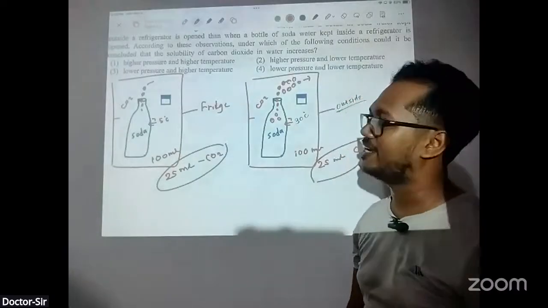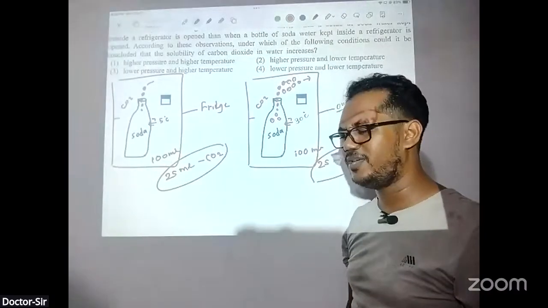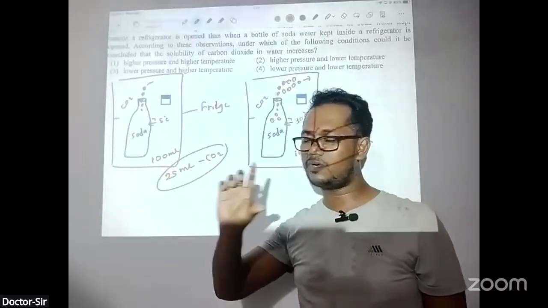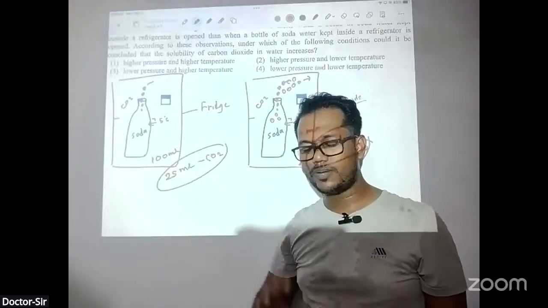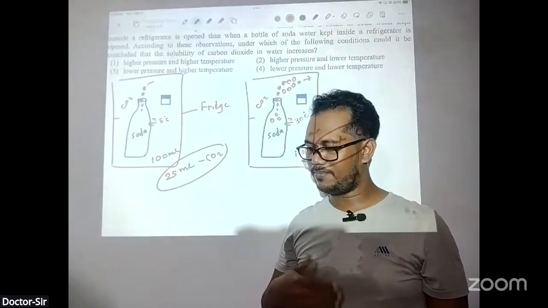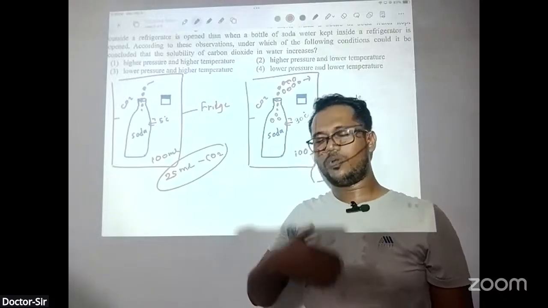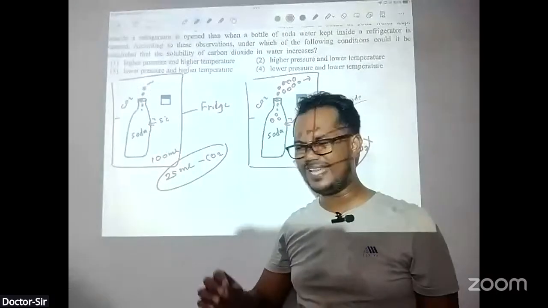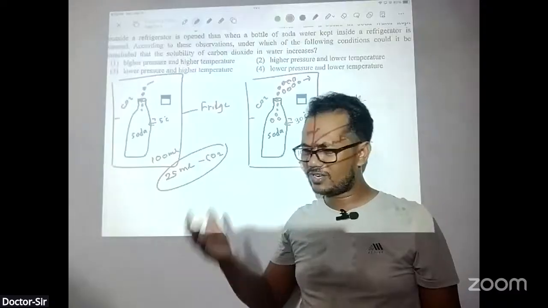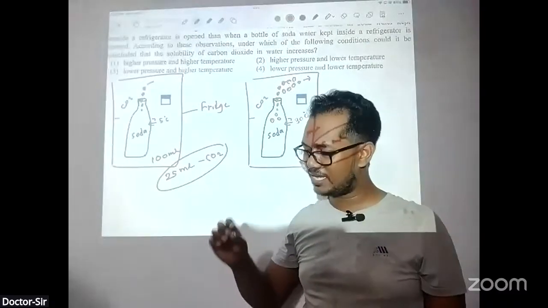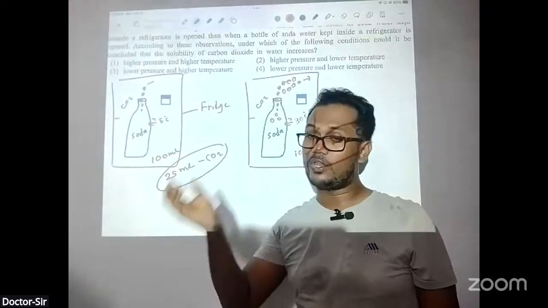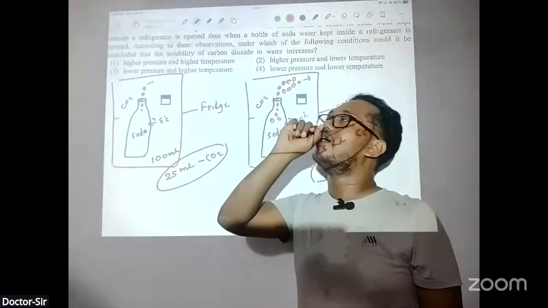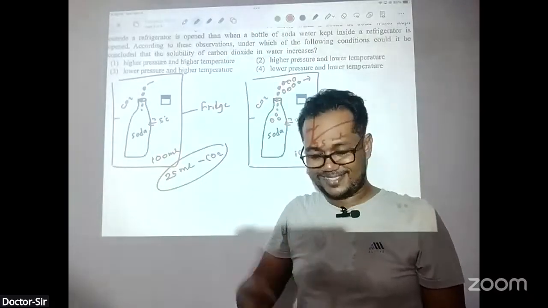Don't you have this kind of feeling? This is an experience you have, the practical experience. After you drink a Coca-Cola or Pepsi or whatever drink that was sitting outside, you feel that throat sensation, like regurgitation, but that feeling is less with a bottle kept outside. After drinking a Sprite or Coca-Cola or Pepsi from a bottle kept outside, we don't get that feeling. But when you take a bottle from the refrigerator, you feel it after drinking, the gas coming up.